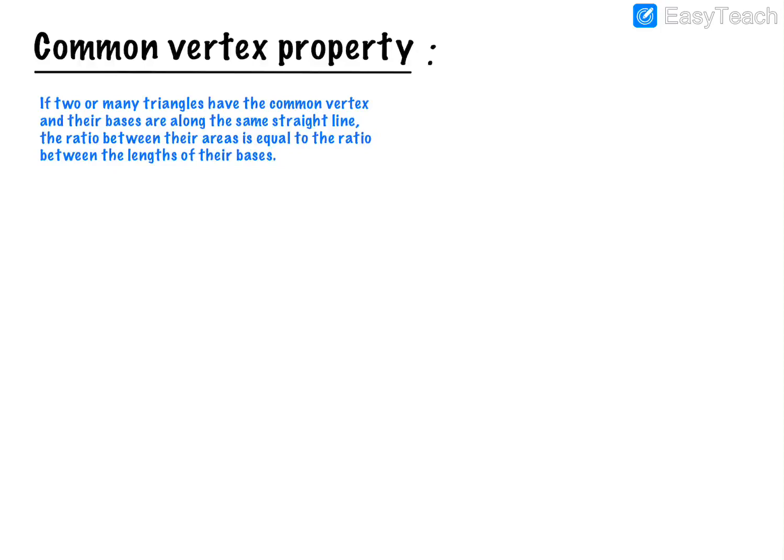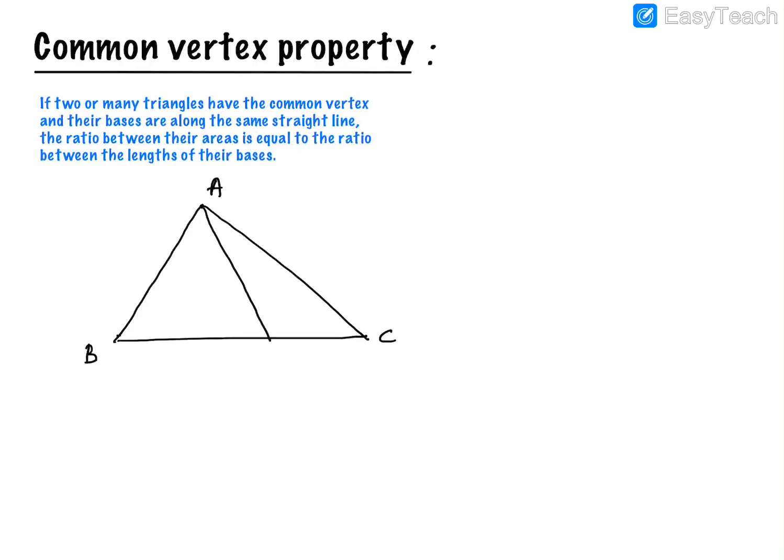It means that, say we've got a triangle ABC and there is this point P on BC. So you can see there is a common vertex A, correct, and their bases are also lying in a straight line.